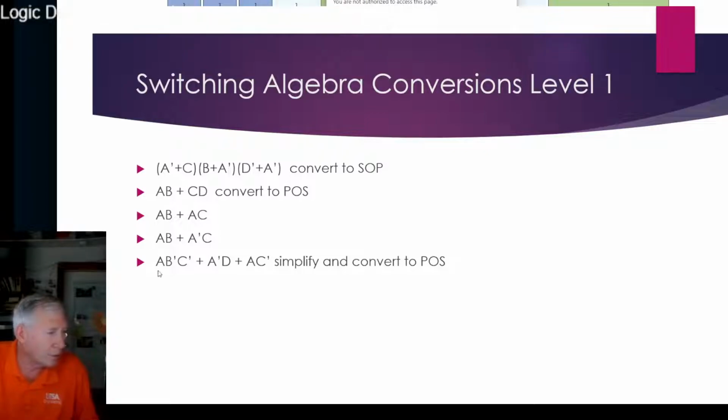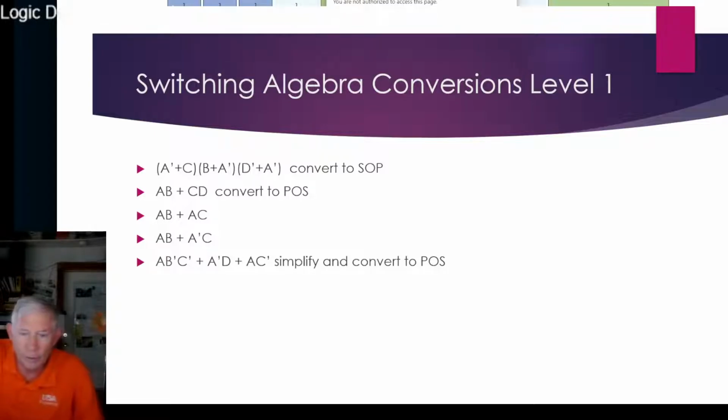And then finally, let's look at this one. And there are others we could look at. I'm just going to try and keep this relatively short. A, B prime, C prime plus A prime D plus AC prime. Okay, so that's pretty straightforward. So let's do that. So A, B prime, C prime plus A prime D plus AC prime.